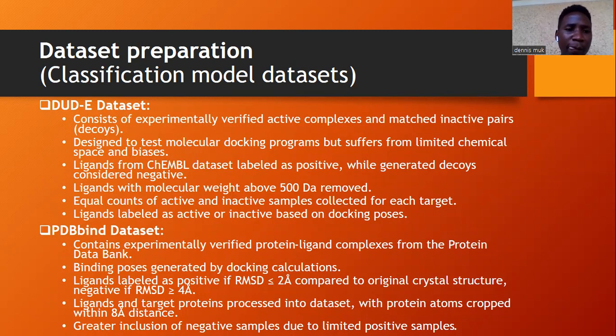inactive pairs. So these datasets are designed to test molecular docking programs, but suffer from a limited chemical space and biases. So ligands from ChEMBL datasets are labeled as positive, while the generated decoys are considered negative.